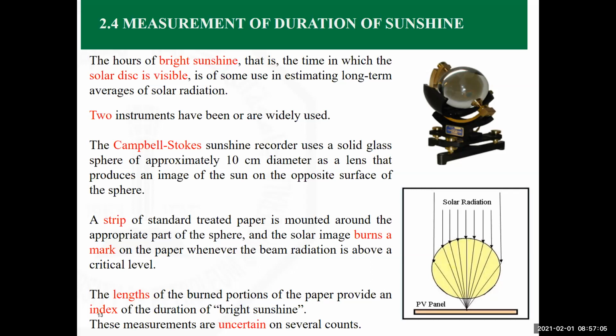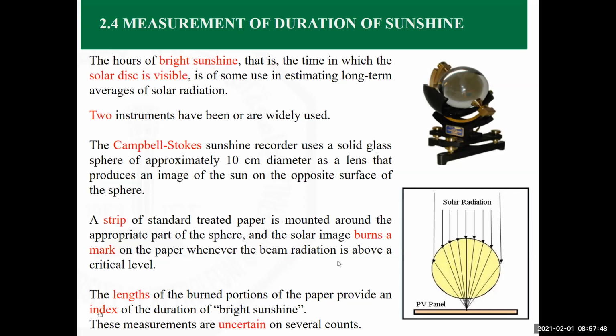A strip of standard treated paper is mounted around an appropriate part of the sphere, and the solar image burns a mark on the paper whenever the beam radiation is above a critical level. As I mentioned, it can be 150; it depends on the value you're looking for. The burn mark changes as the sun changes location in the sky, and at the end, the length of the burned portions of the paper provides an index of the total duration of bright sunshine.